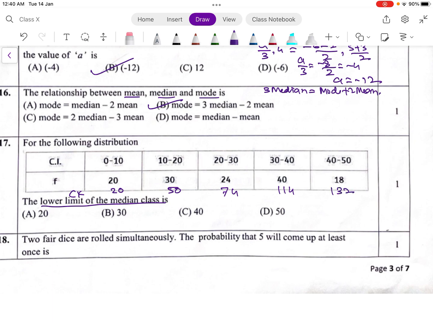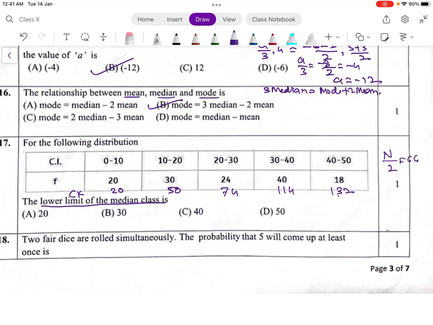Now what they have asked is the lower limit of the median class. To find the median class we need to obtain the n by 2th term. Here n by 2 is nothing but 132 by 2, which will come as 66.